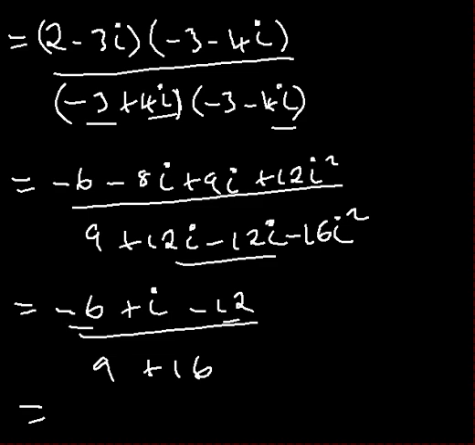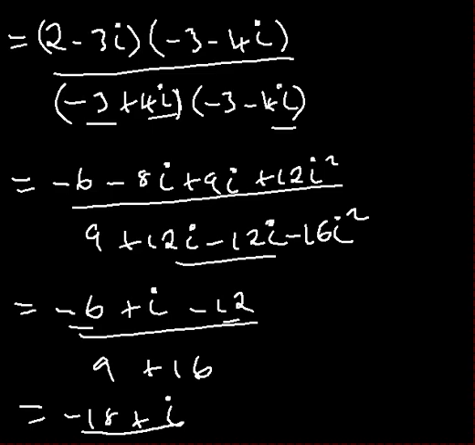We have a positive 16, and therefore the numerator is negative 18 plus i, divided by 9 plus 16, that is 25.